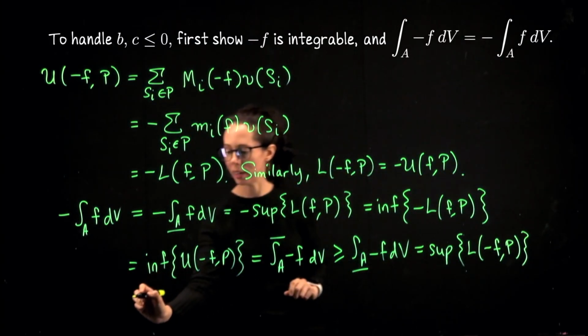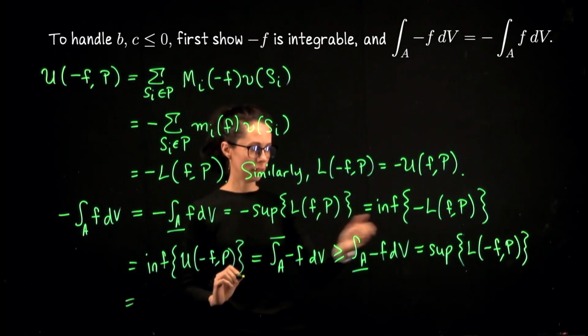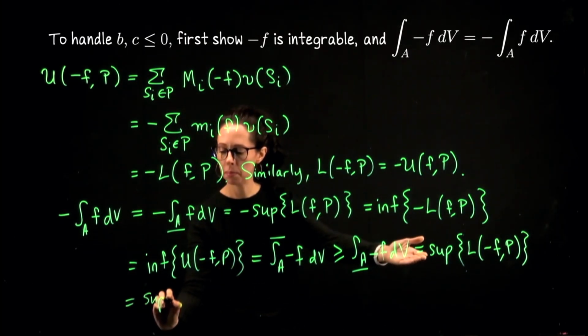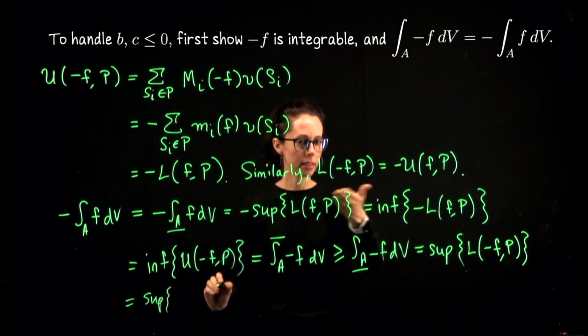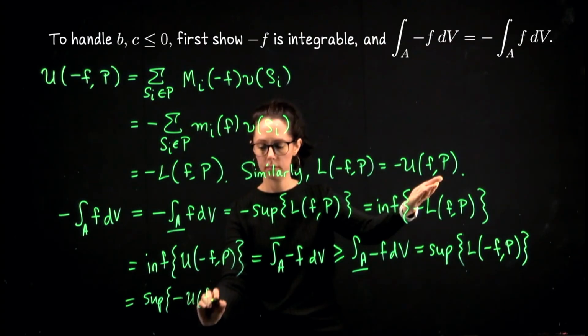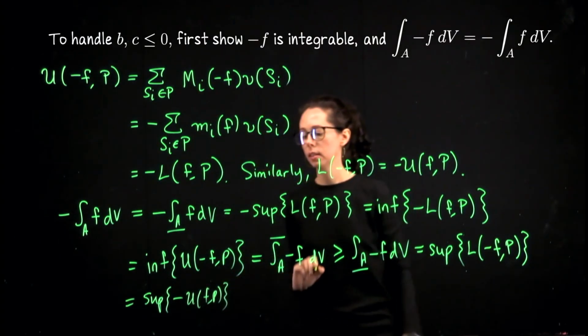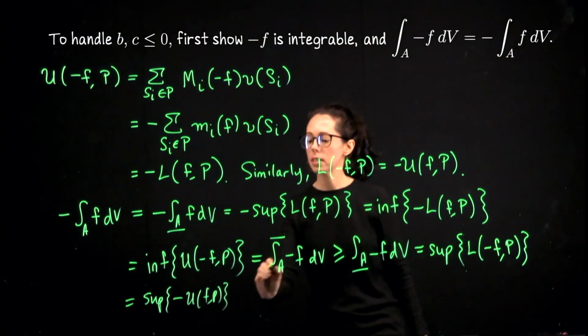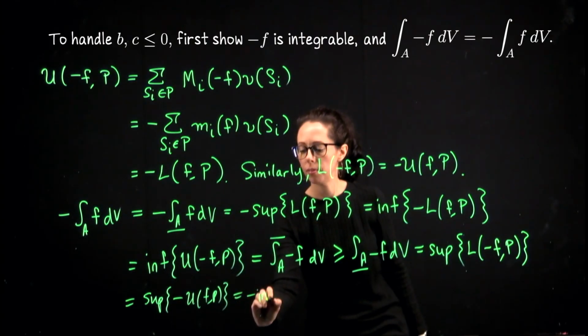So I'm going to keep going down here. So same set, supremum of the same set. I'm just going to write it differently as this. Okay. And let's pull that negative outside, flip it to an inf.